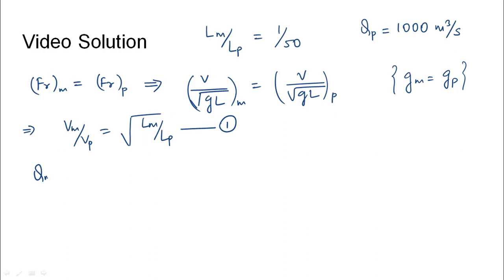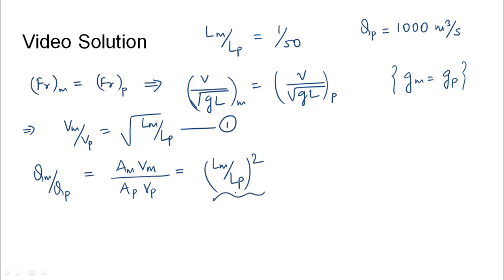Next, we need to compare the discharges. So Qm by Qp would be equal to the area of the model into the velocity of flow in the model divided by area of the prototype into velocity of flow in the prototype. This can be further written as Lm over Lp whole square, which is essentially the area term, into Vm over Vp.